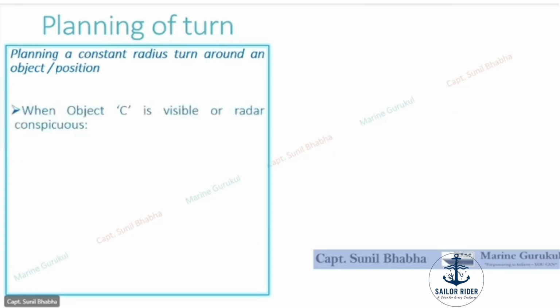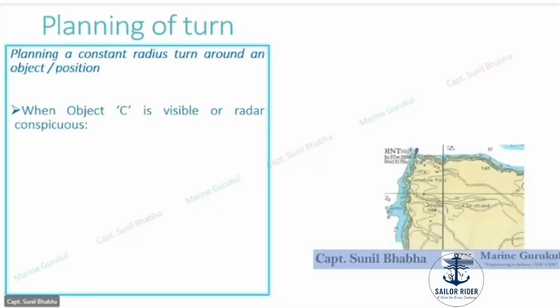Let us first go into the option where we have an object which is visible to us or an object which is radar conspicuous at the center of our turn, and we are turning about that particular object. It could be a lighthouse, it could be a land's end, or it could be an island.